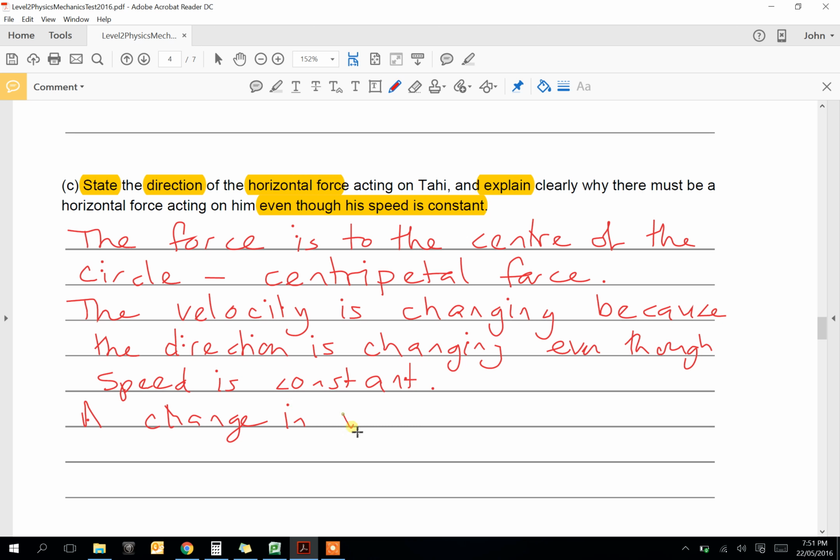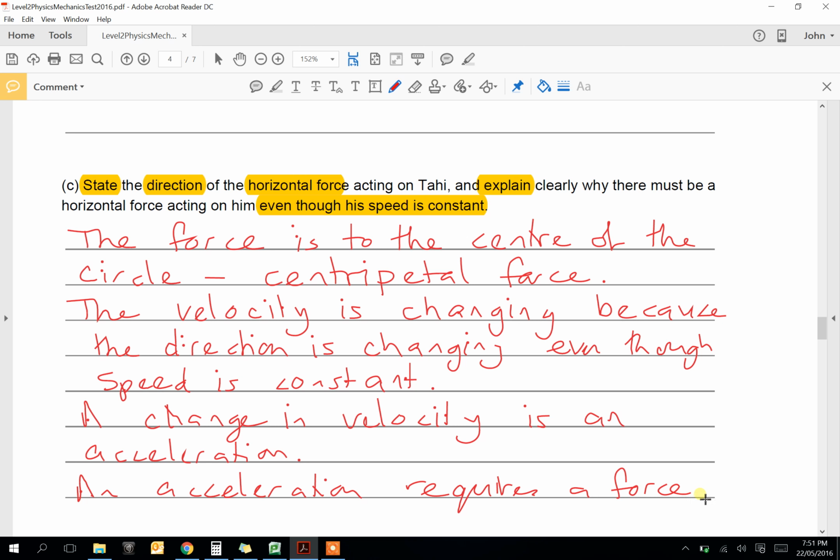Change in velocity is an acceleration. An acceleration requires a force. Bam! Nailed it. So that there tells me quite a bit of information.